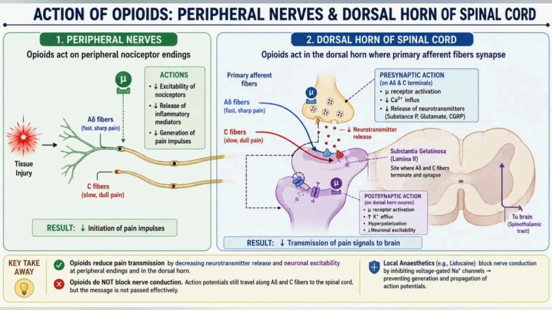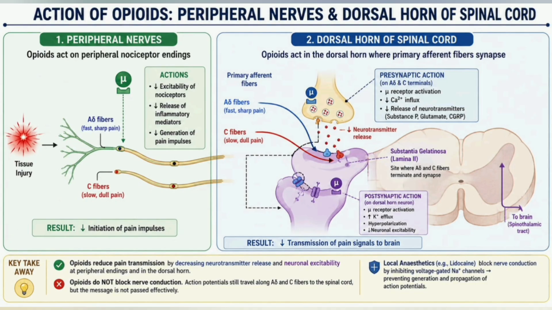And after reaching the spinal cord, they synapse at the substantia gelatinosa of the dorsal horn of the spinal cord. As we have discussed earlier, in the presynaptic terminal, there is mu receptor activation. So it leads to inhibition of voltage gated calcium channels.